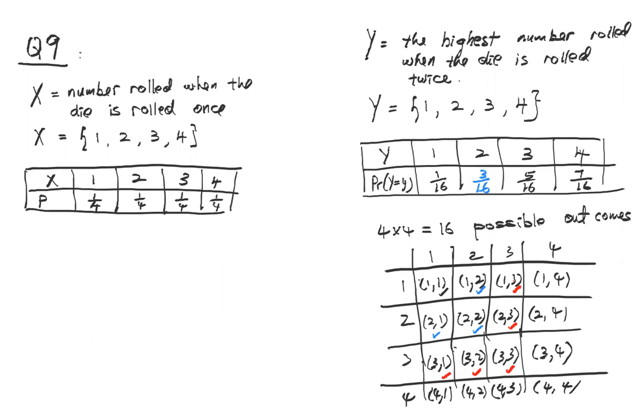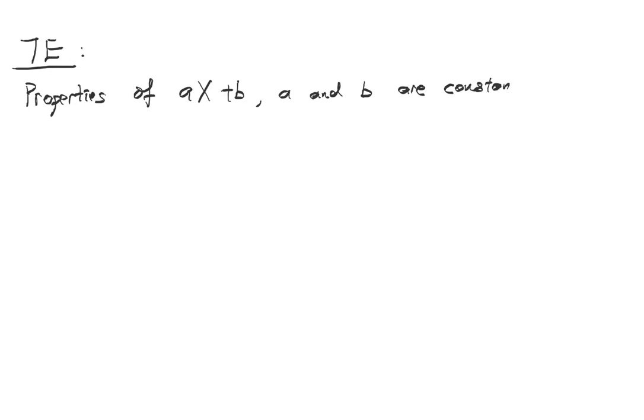So can I move on? Is there any other further question? The question is about the property of AX plus B, where A and B are constants. So what does this mean?